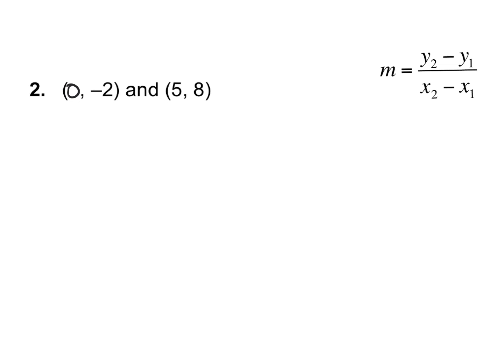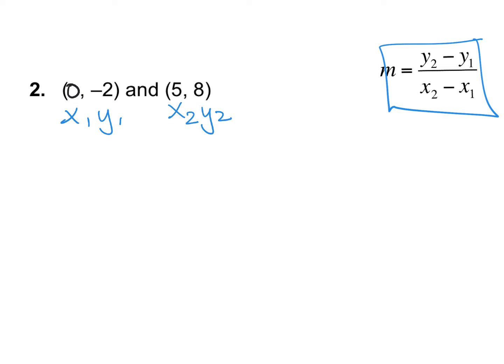All right, number 2. We have the points (0, -2) and (5, 8). Let's always start by labeling your points, x1, y1, x2, y2, and then remember we're just plugging into this formula right here. So I'm going to take the y of 2, which is 8, minus y of 1.